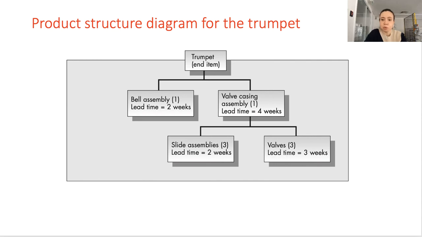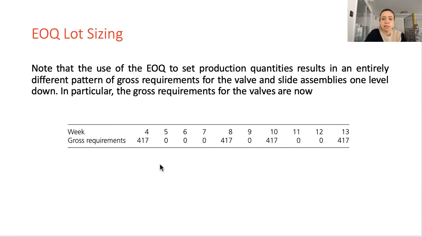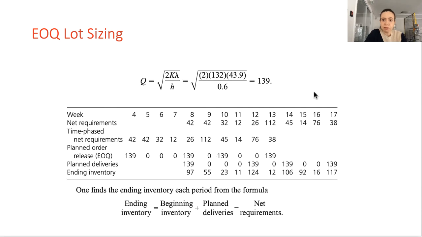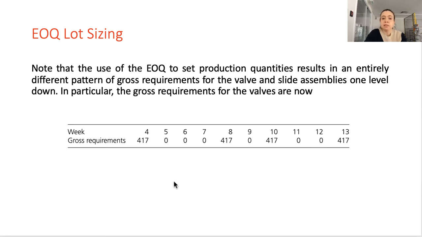Now let me show you the MRP calculations for valves. Here, 3 valves are required for each valve casing assembly. So since our EOQ lot sizing was 139, we multiply this with 3 and obtain the lot sizing for the valves as 417.